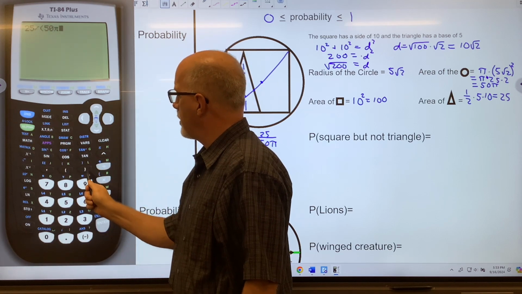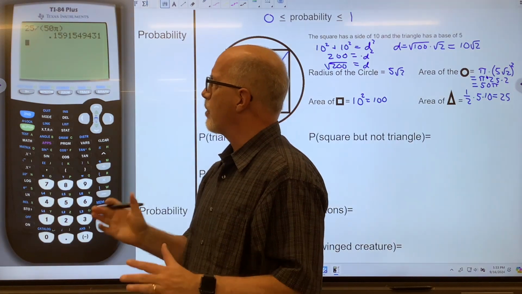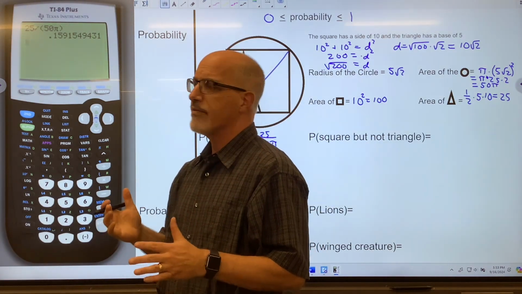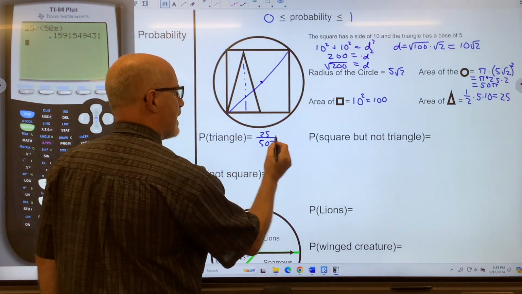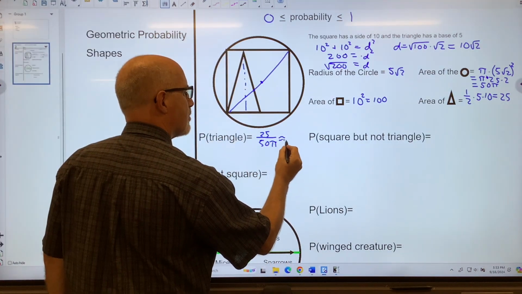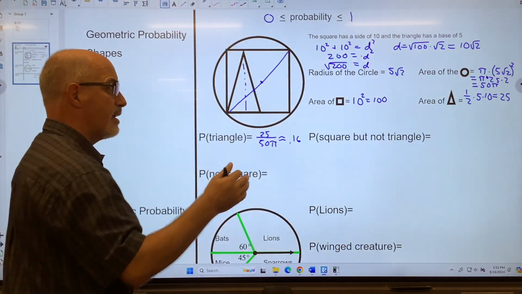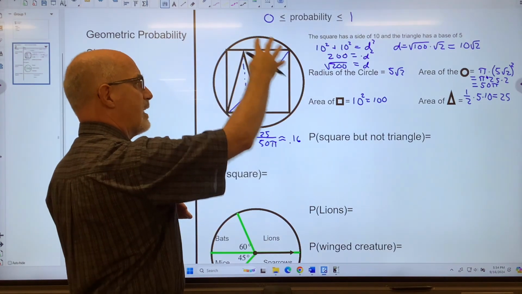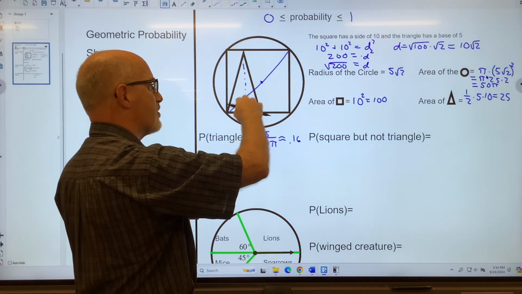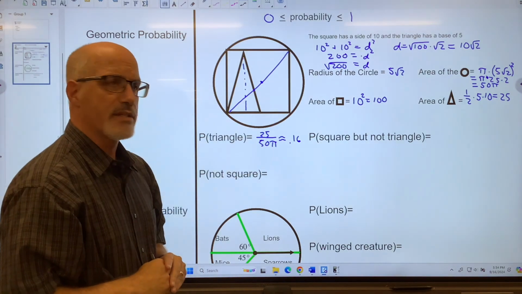If I round it, I get 0.159 or 0.16 approximately. So if something were to land randomly somewhere in the circle, the probability of it landing in the triangle would be about 0.16.